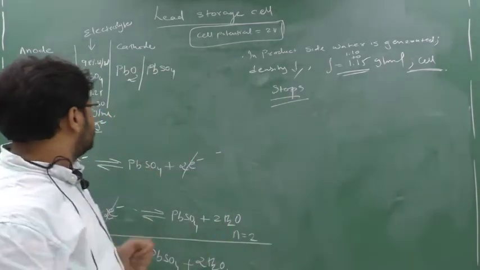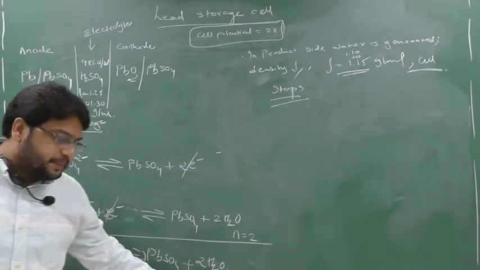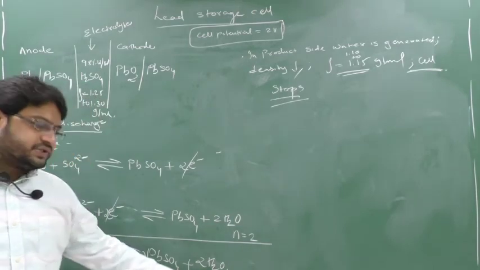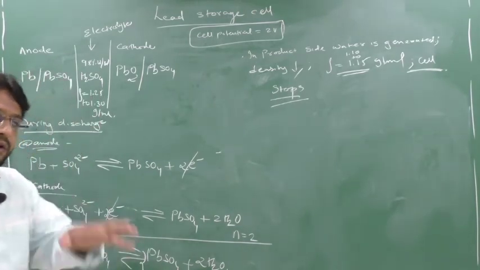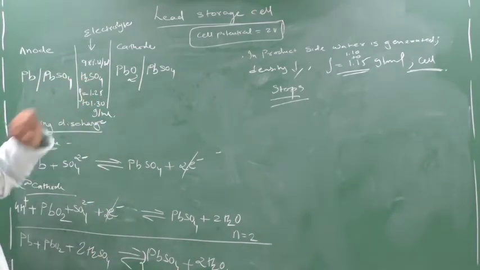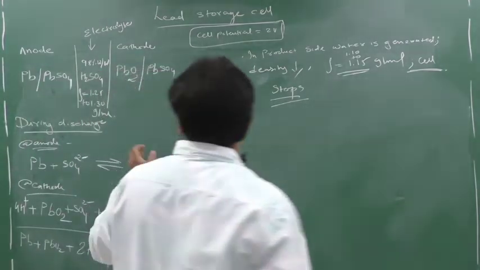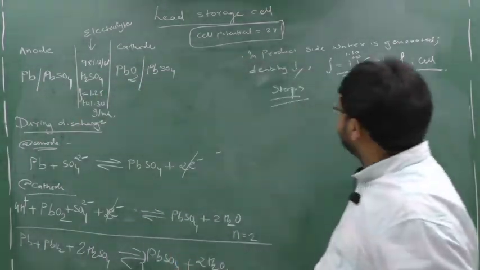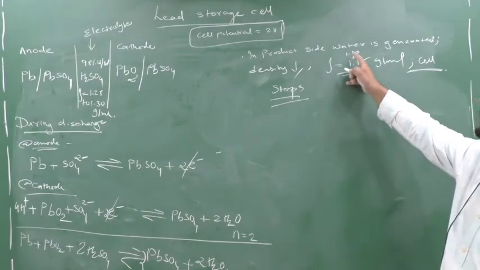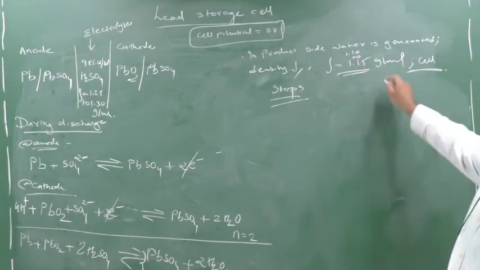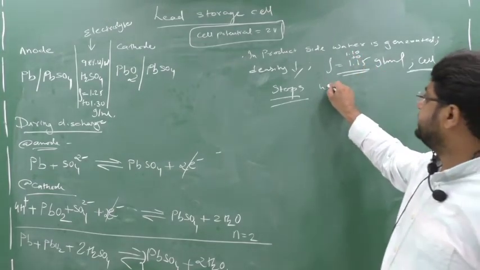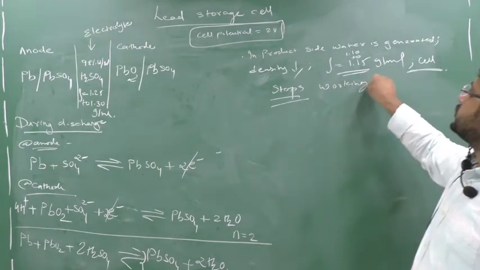Why does density change? Because on the product side during discharge, water is generated. As the water is generated, the density of sulfuric acid will go down. So when the density reaches nearly 1.10 to 1.15 gram per ml, the cell stops working. Okay now, so what do I have to do?